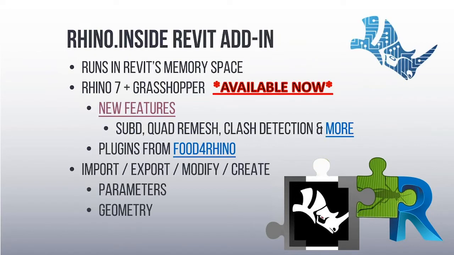Okay, so what is Rhino inside Revit? It's an add-in for Revit, just like many other add-ins that you may have installed with Revit, such as V-Ray, Enscape, ID8, or PyRevit.